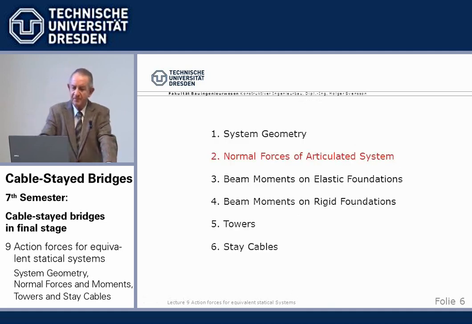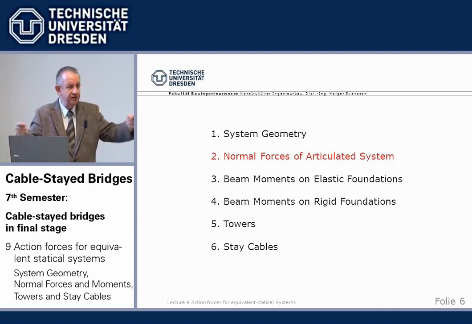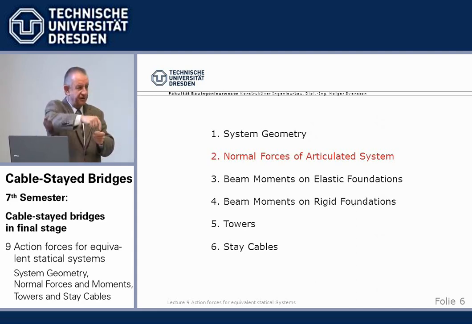Now, how can we very easily calculate the normal forces in a cable stayed bridge by hand? Meaning mainly normal forces, of course, the cable forces, that's of our primary interest, but also the compression forces, tensile forces in the beam and the towers.